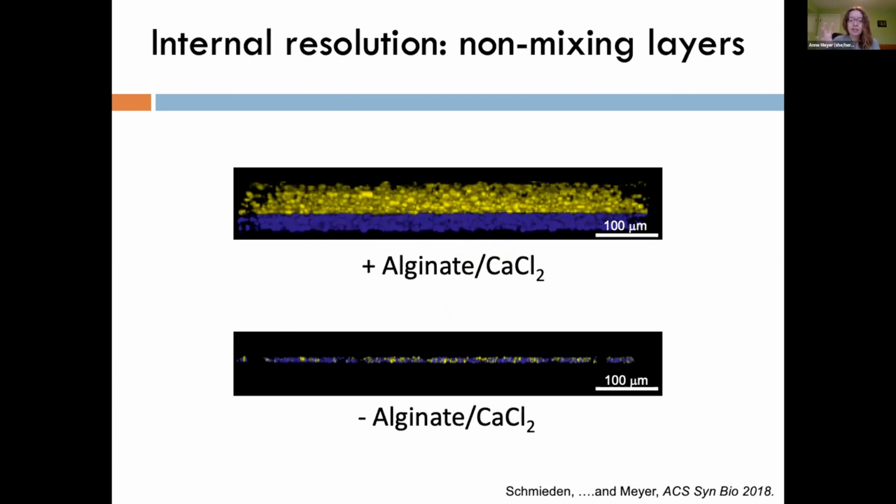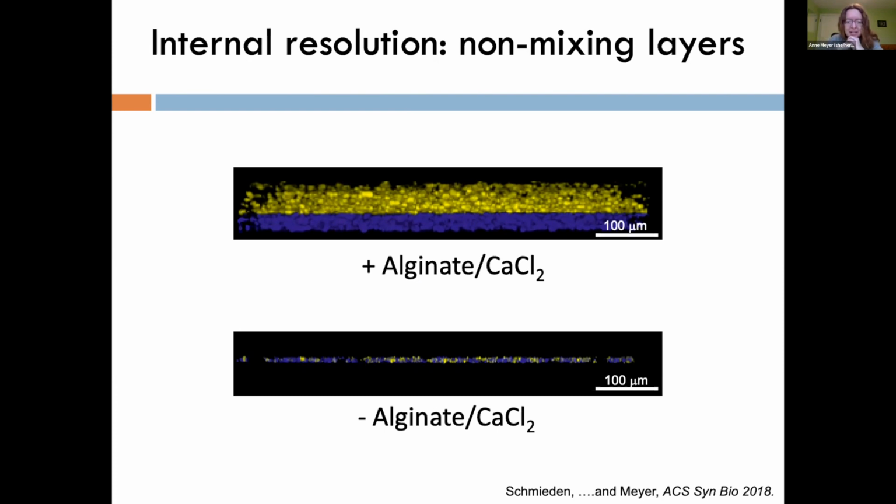We can take confocal microscopy and zoom in at the interface between the two layers, and we see quite good separation, right? More or less, they stay in their respective layers. You can see a little bit of mixing just right at the interface, but it's maybe only like 5 micrometers in z-axis height.